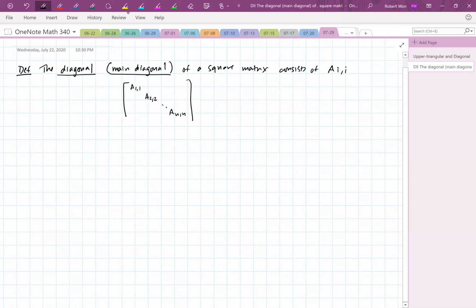These entries, you would say that these entries are along the main diagonal. Okay, the reason that sometimes you say the word main diagonal is because sometimes the line going from the bottom left to the top right, sometimes that's called the anti-diagonal or secondary diagonal. So I will sometimes say main diagonal just out of habit.